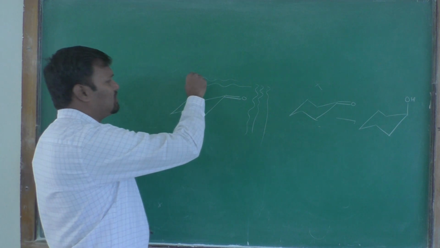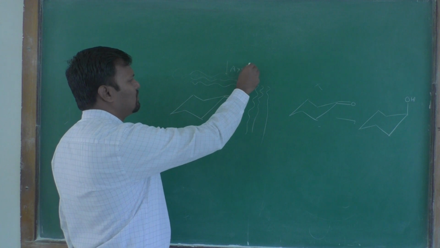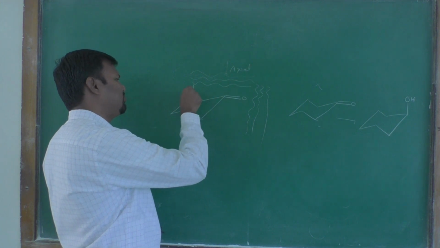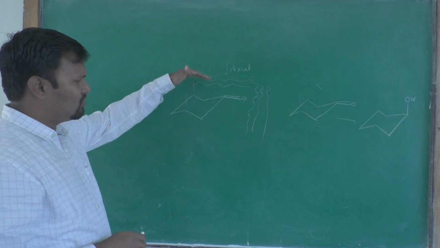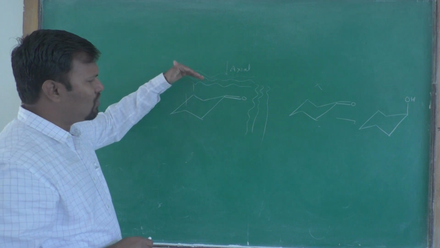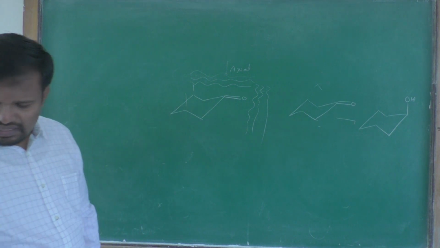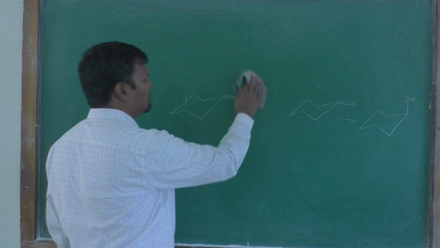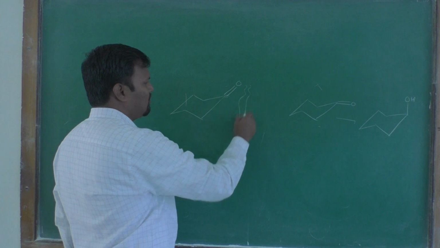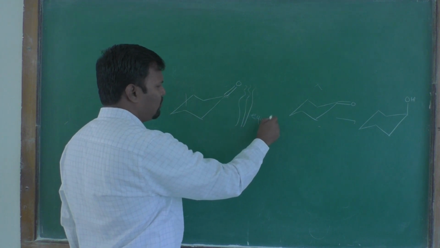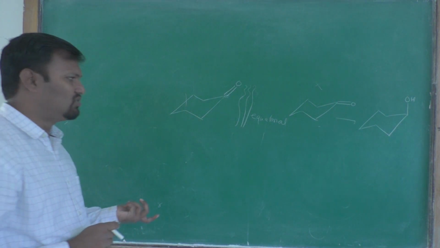The catalyst approach from the axial position is not convenient, because there is a 1,3-diaxial interaction on that side, which hinders adsorption of the catalyst on the surface. Therefore, the catalyst prefers the equatorial side, because that side has less steric problem.